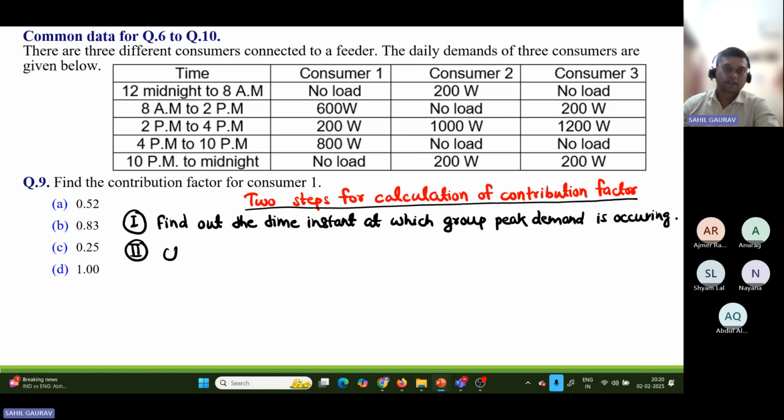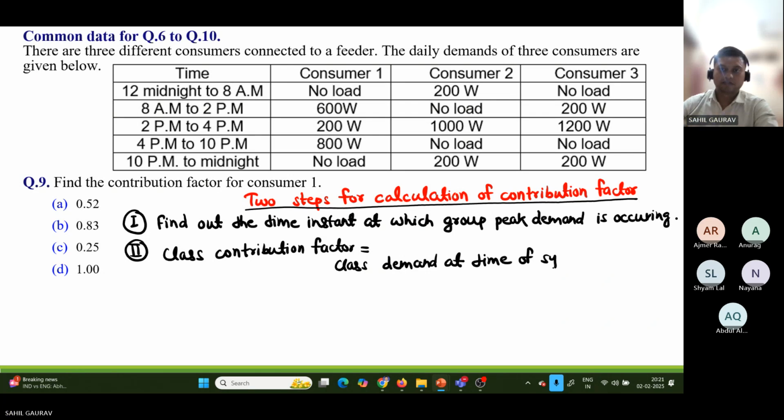expression. And the formula is class contribution factor is the ratio of class demand at time of system peak, class demand at time of system peak upon class non coincident peak demand.